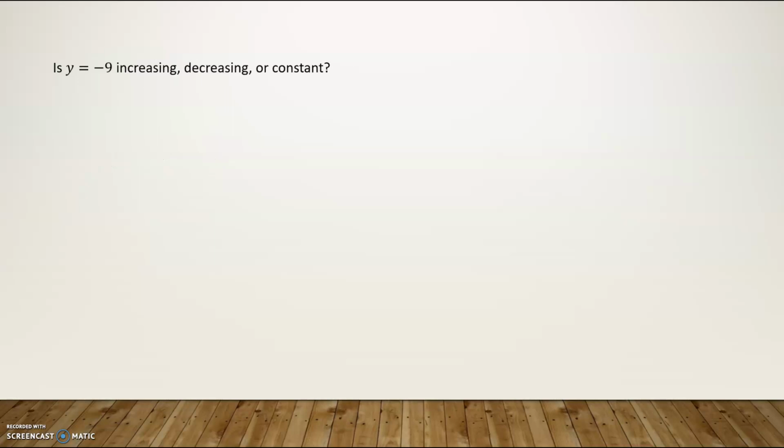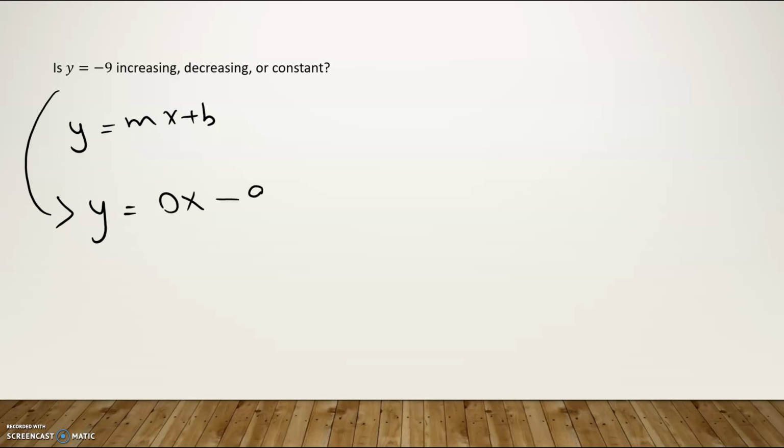Now let's look at this. y is equal to negative 9. Is it increasing, decreasing, or constant? Well, we can write this in mx plus b format. We can write it as 0 times x minus 9, because this entire term would go to 0, and you're left with y equals negative 9.